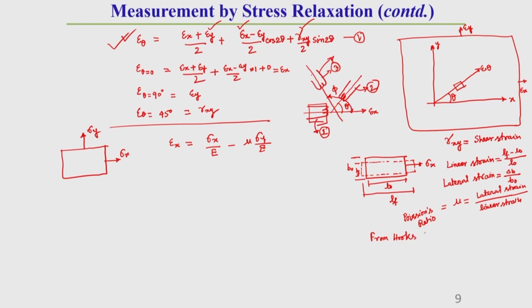From Hooke's law we know that stress is proportional to strain, till the proportional limit. This proportional limit sometimes coincides with the elastic limit, that is why it is called the elastic limit.